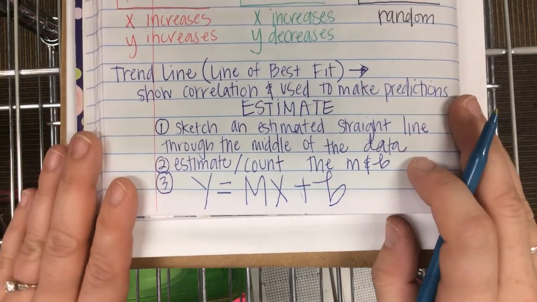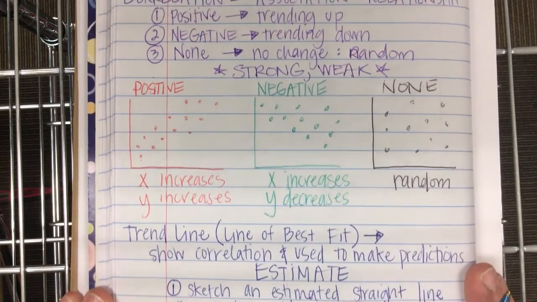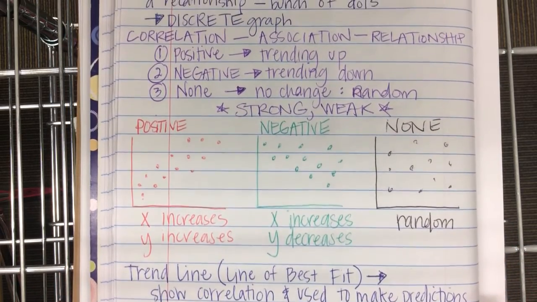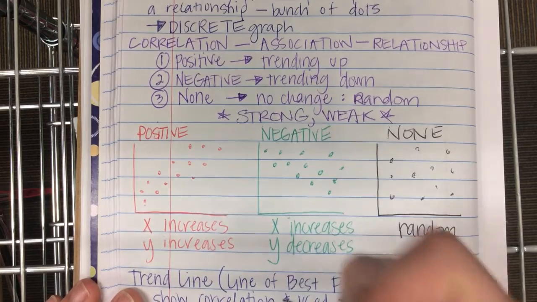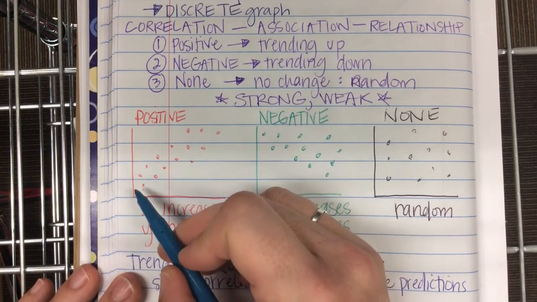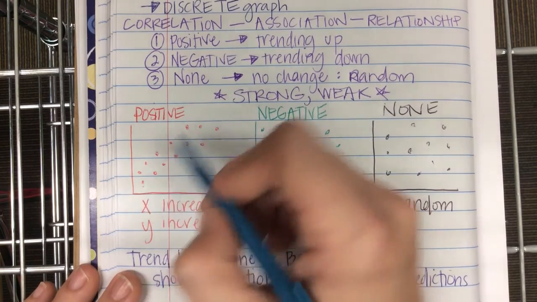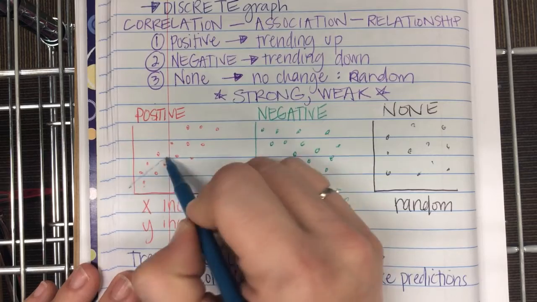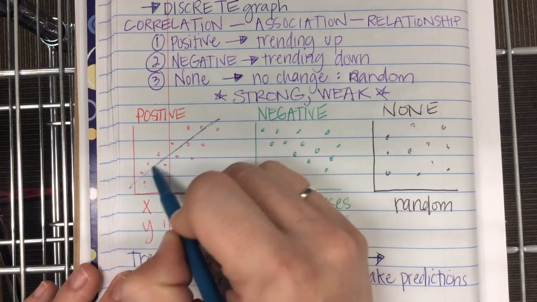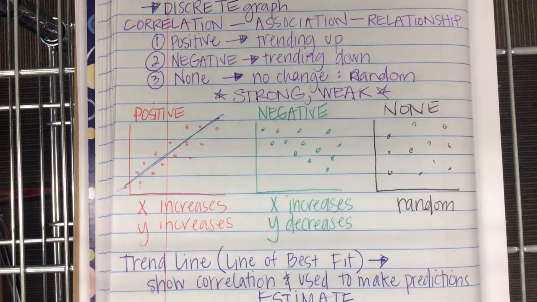So let's practice a little bit. They're not going to be exact because we don't have values on our graphs. But looking at this positive scatter plot, I'm doing my best to create a straight line.